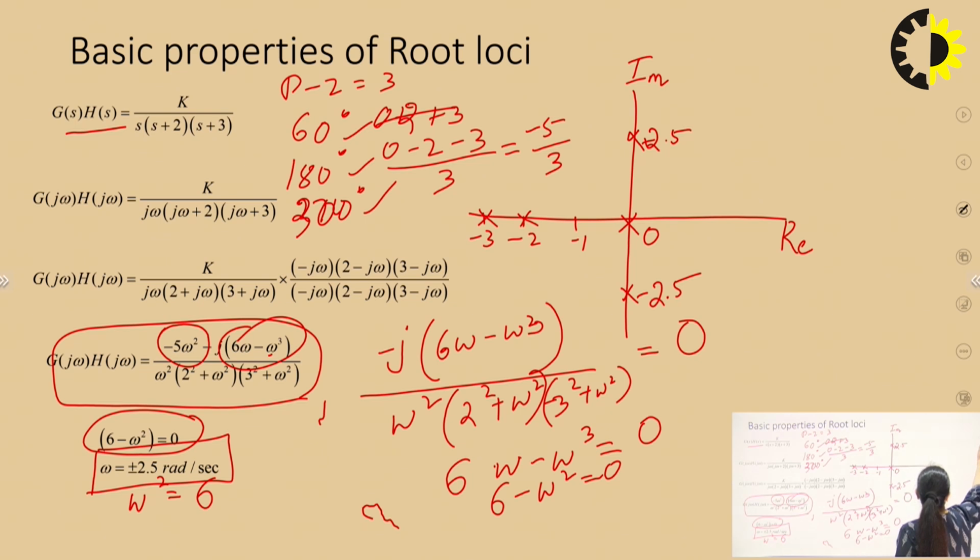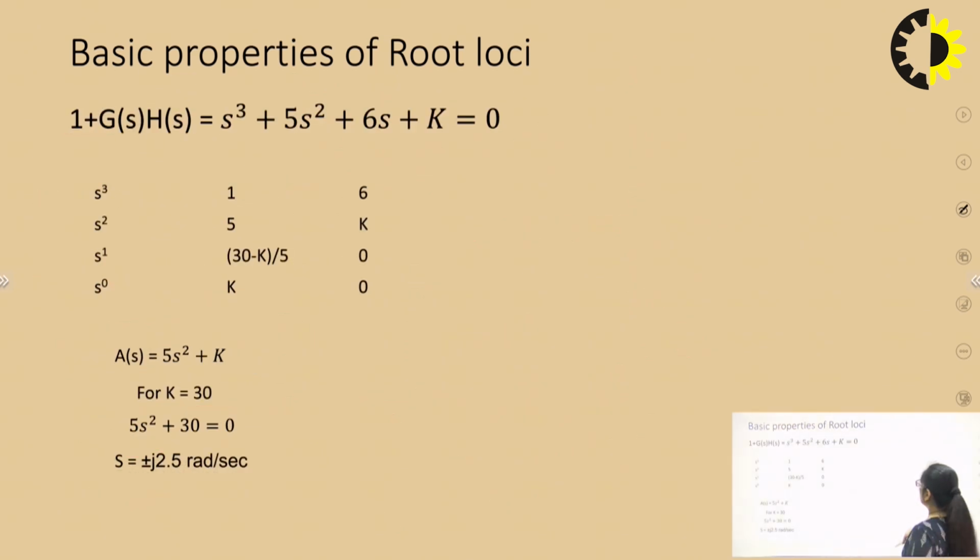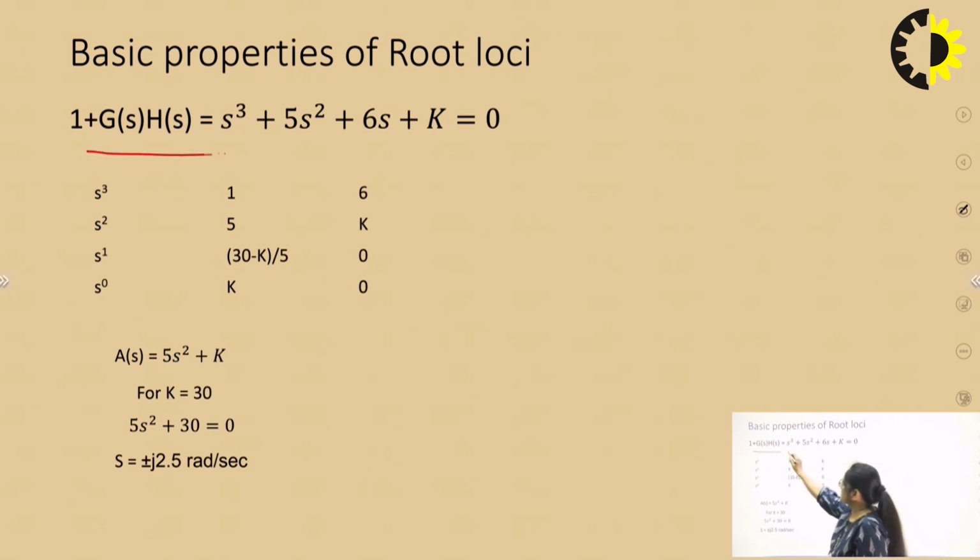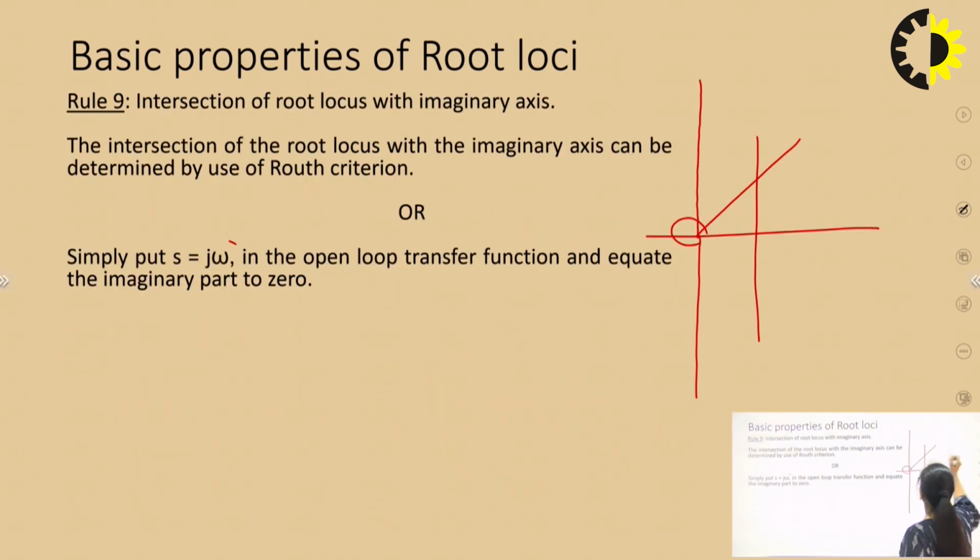Now let us see what rule number 10 states, or before that we can also understand the other way to find out the intersection of the root locus on the imaginary axis. We have the characteristic equation 1 plus GsHs, which is the expression which we had taken.